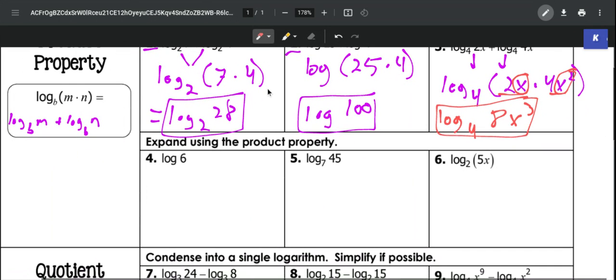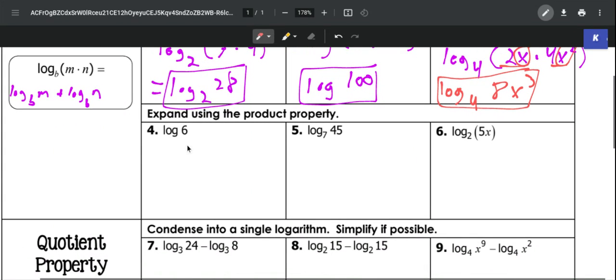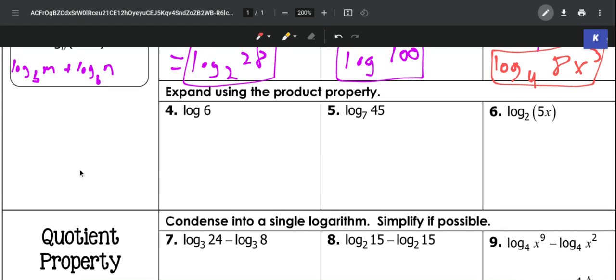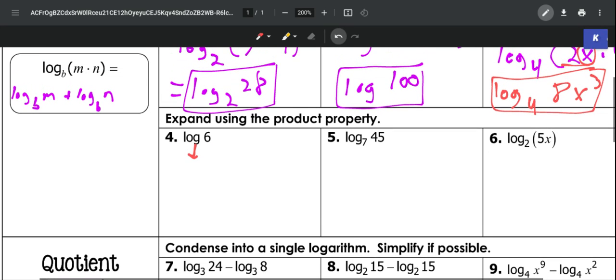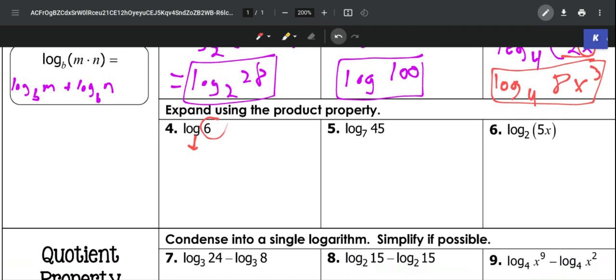Now, if we want to expand them, we just do the opposite. We'll already have a setup where everything's combined for us, and then we just need to break it down. So if we look at number 4, we have log base 10 of 6, or just log 6. We need to break 6 down into two factors, and these answers may vary.